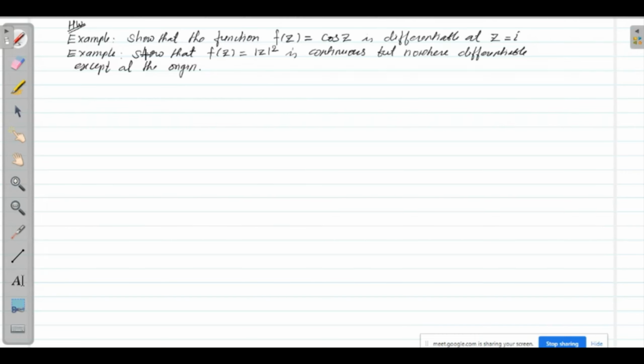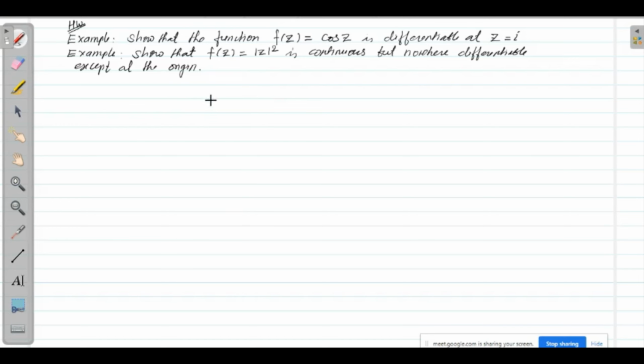First one: the function given is f of z equal to cos z, and we have to show that this function is differentiable at the point z equal to I. For this, just write down the definition of differentiability of f of z at z equal to I. Take the limit as z tends to I of f of z minus f of I divided by z minus I. Now the numerator becomes cos z minus cos I. Here you have to apply the formula for cos c minus cos d.